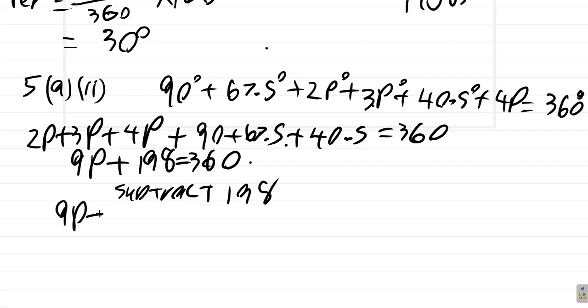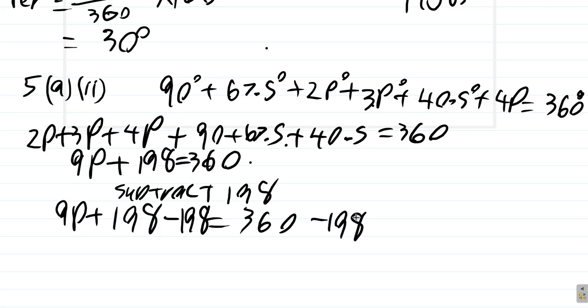You have 9p plus 198 equals 360. In order to get the p equal, you're going to get rid of the 198 and get rid of the 9. So minus 198, minus 198. So you take it away from both sides. At this part, 198 minus 198 is 0, so you don't have to worry about it again.